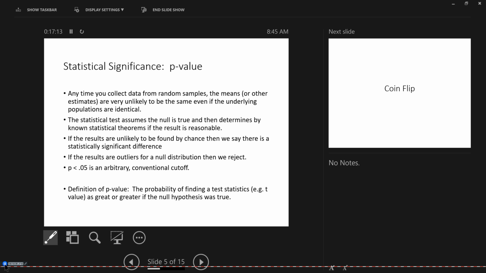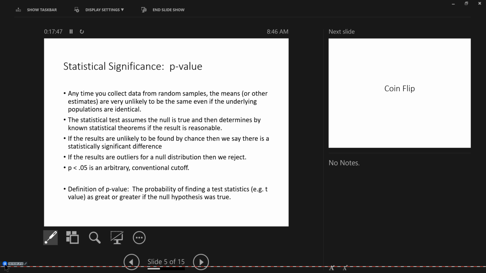But what I want you to understand is that this distribution is the distribution of potential t values. So if you found it right at the line, that p value is the probability of finding this test statistic t when the null hypothesis is truly 0.